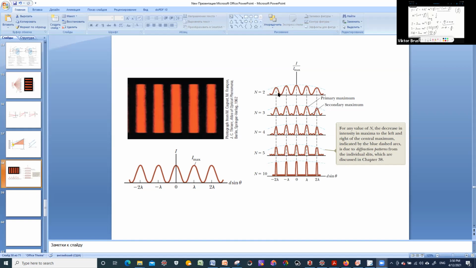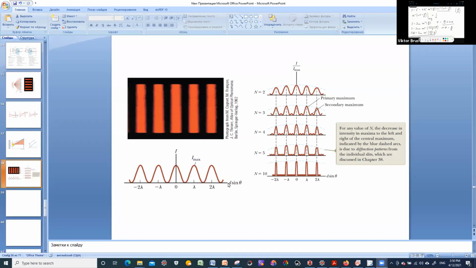We have a gradient between dark and bright, and then again from bright to dark. This is the distribution described by the equation, light intensity versus d times sine theta, so it's in terms of angular position. We see this minimum and maximum of light intensity.